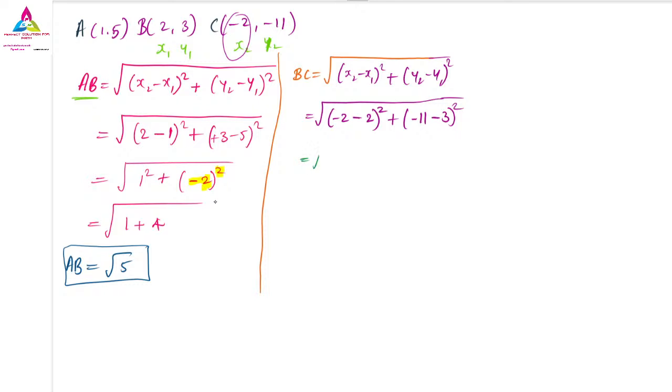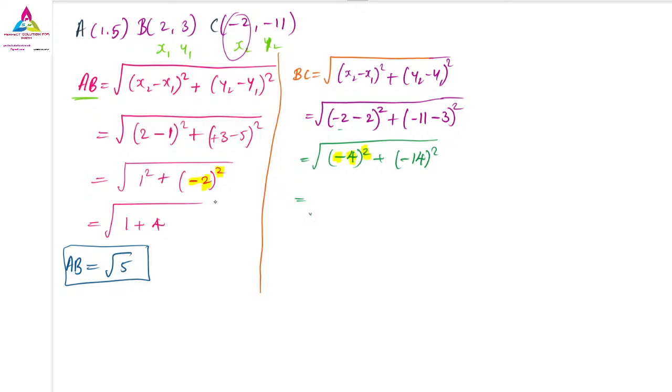So minus 2 minus 2, minus 2 and minus 2 is minus 4 the whole square, and plus minus 11 minus 3 is minus 14 the whole square, because both are negative so we can add them. Minus 4 the whole square, square we have to take for minus also and 4 also.